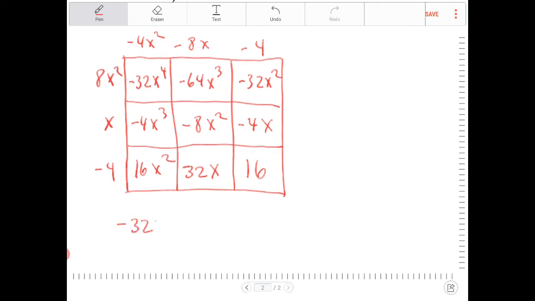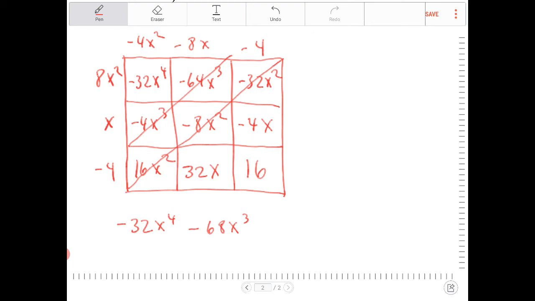I have negative 32x to the fourth. Combine all the x cubes together, right? I have these things I need to combine together. So that's going to be negative 68 x to the third. And then I have all the x squares to combine together. All of these things. So 16, negative 8, and negative 32.